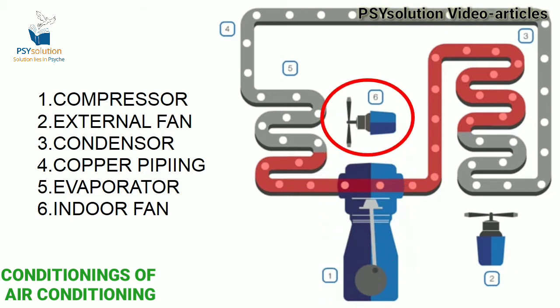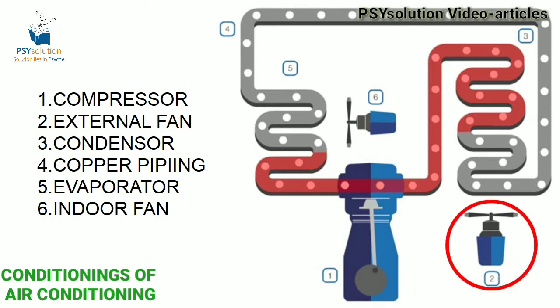An internal fan circulates the indoor air over the evaporator where the heat and the water content from the air are absorbed, making the air colder and less humid. To compensate for the evolved heat, there is an external fan which circulates the outside air, making it hotter by emitting the heat evolved in the process of compression.